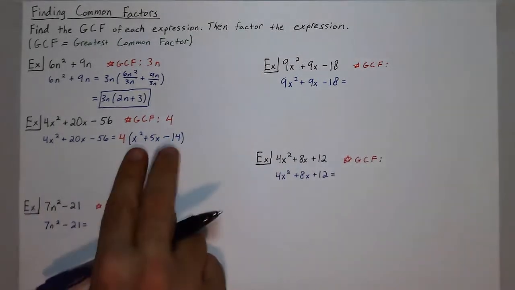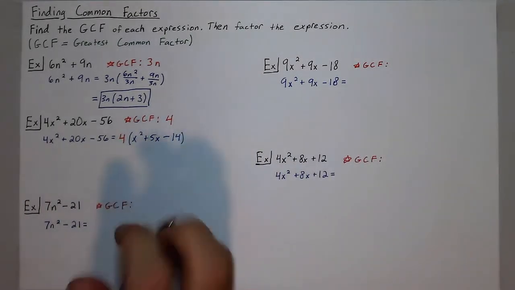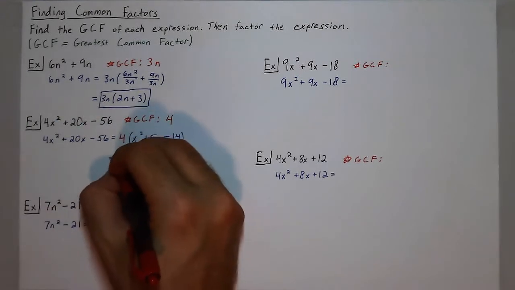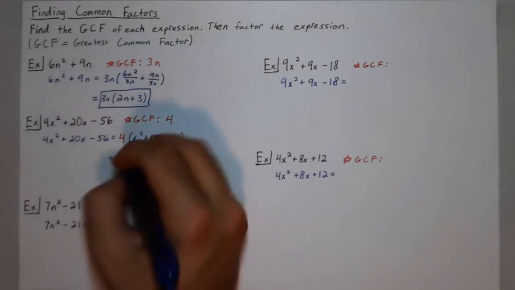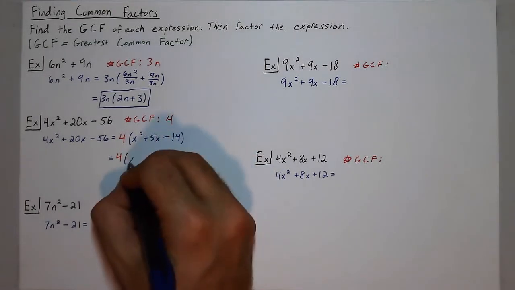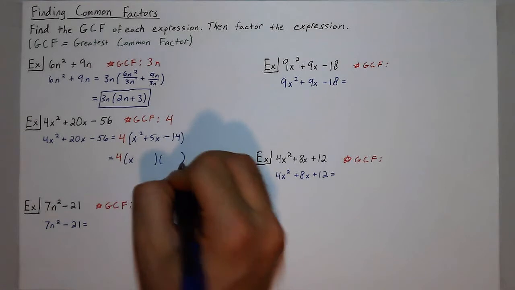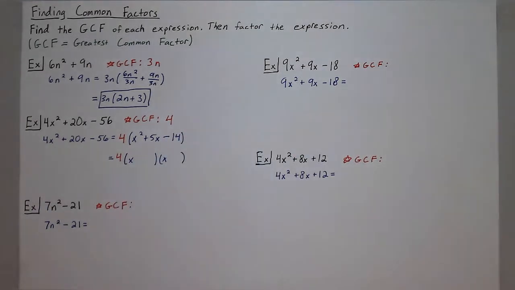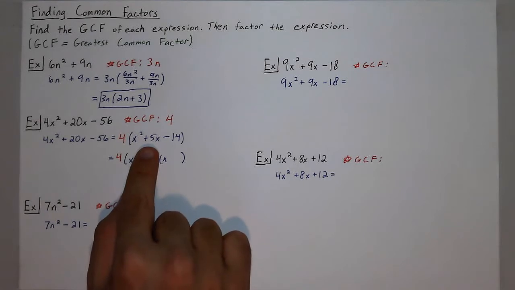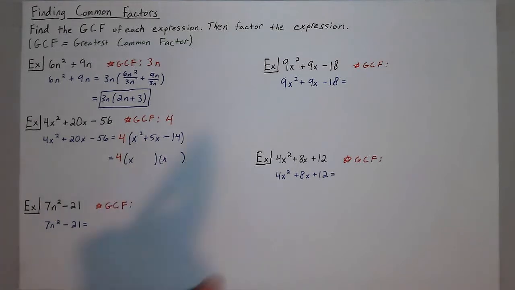So now I'll go ahead and factor this quadratic, meaning that 4 is still on the outside, but now I'm going to find those two numbers that multiply to negative 14, but then add to 5. And I want the bigger number to be positive, so that when I add them together, they give me a positive 5x.